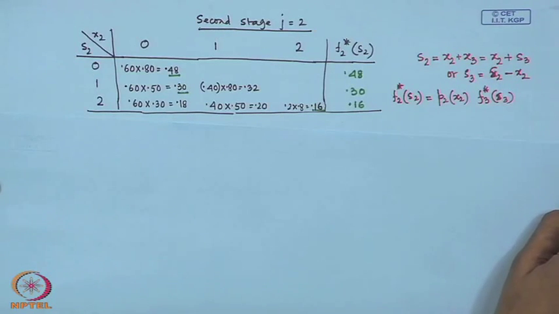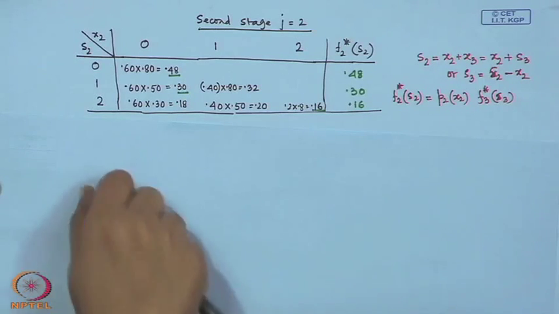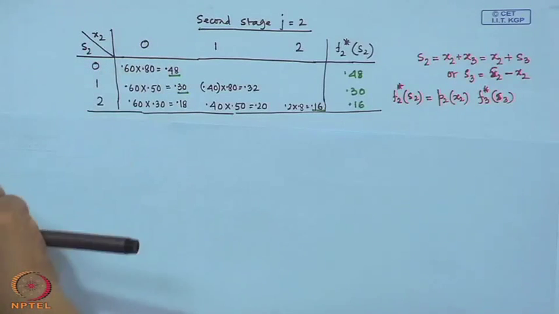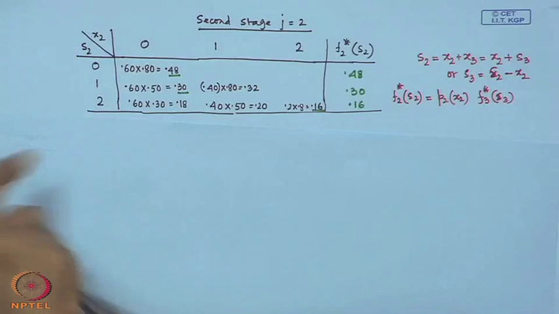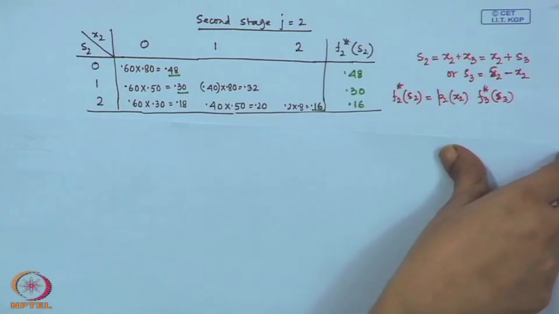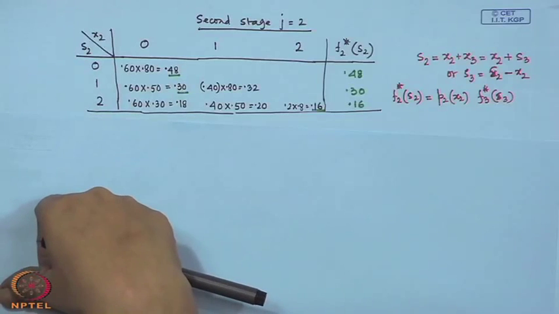As we did for the continuous case, the same problem occurs here. Then we can calculate the probability value when x2 equal to 0, s2 equal to 0. That means no team, team B or C, is getting any new scientist. Then the probability would be the multiplication of the corresponding probability 0.6 and 0.8. For 0 addition, it is coming 0.48.